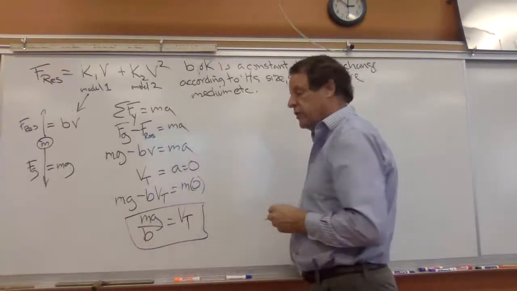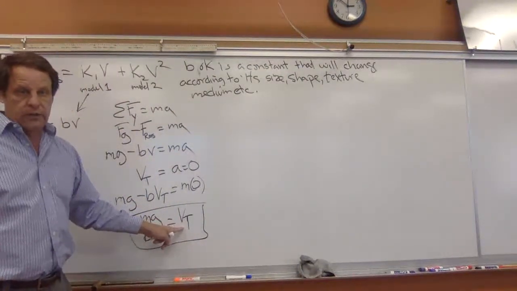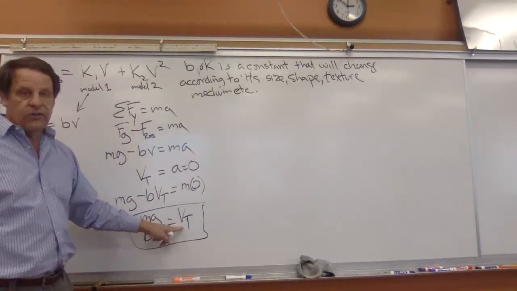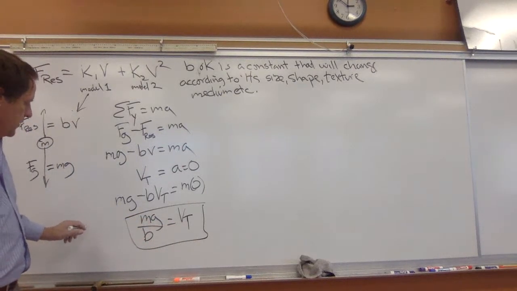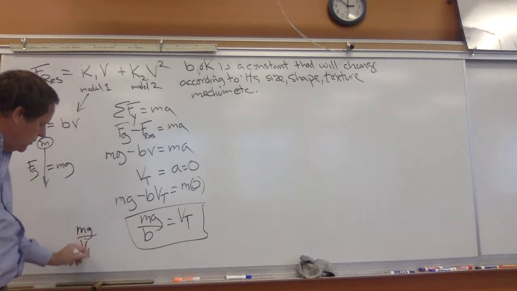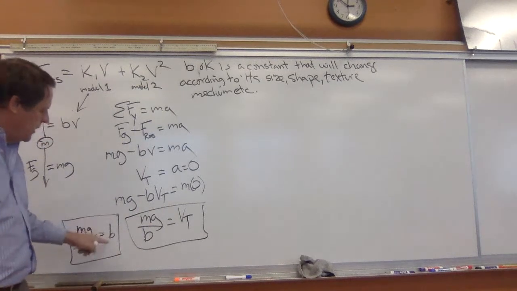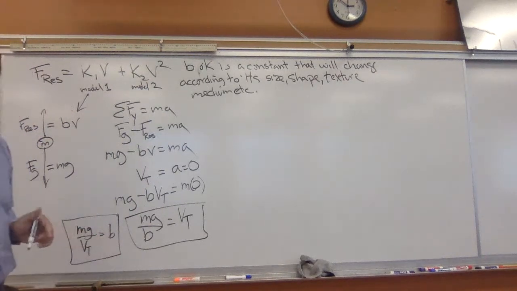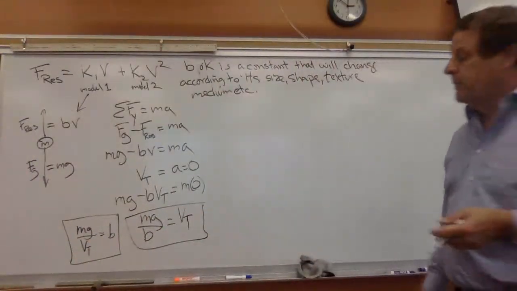So that would be one equation. And if we knew what the terminal velocity is, and sometimes that's a lot easier to figure out than the b, then we could say that mg over the terminal velocity is equal to this constant b, which would tell us a lot.